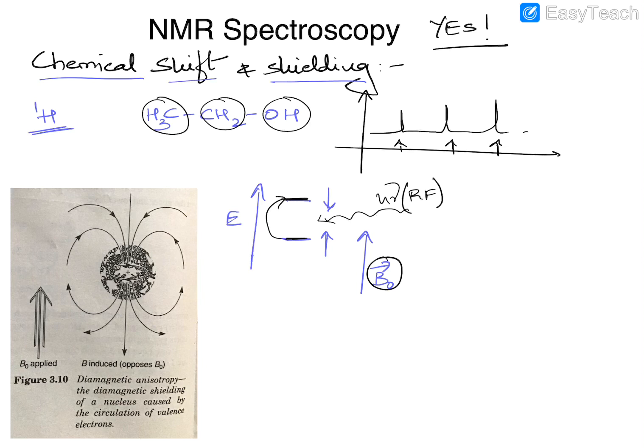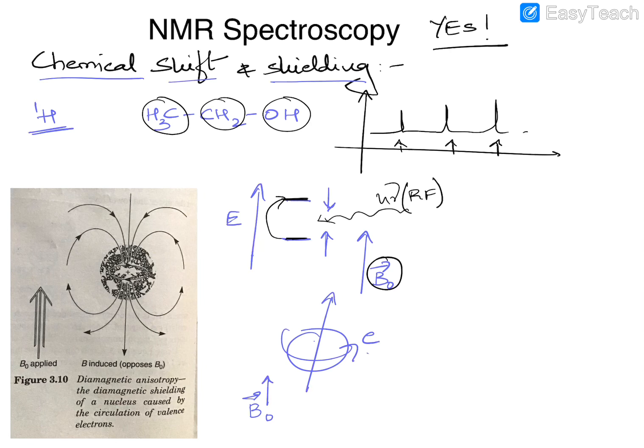Okay, now how the local environment around the nuclei affects this separation of energies is what is going to be dealt with in the concept of chemical shifts. Every nucleus also has electrons circulating around it, and these electrons, being charged particles, will be affected by an external magnetic field.